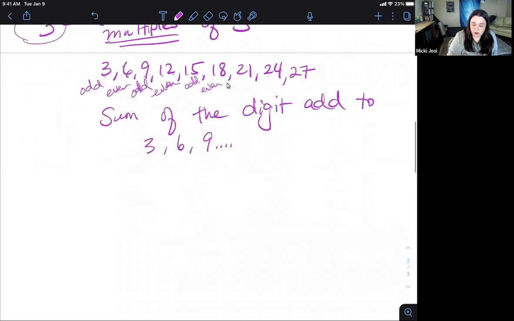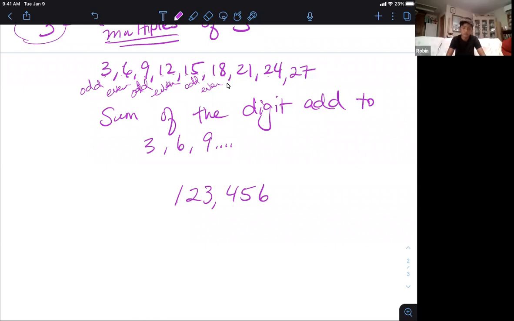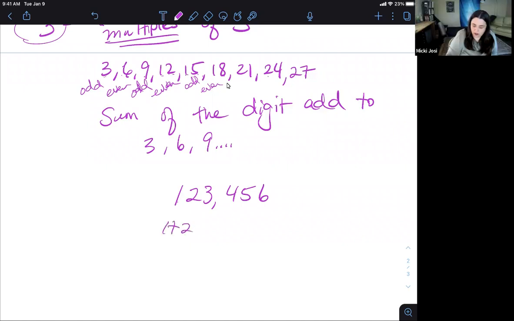So if I came up with a really big number, let's say the number 1, 2, 3, 4, 5, 6. Let's add those digits. 1 plus 2 is 3, and 3 plus 3 is 6. So 1 plus 2 plus 3, so far we're at 6. And then 4 plus 5 is 9.